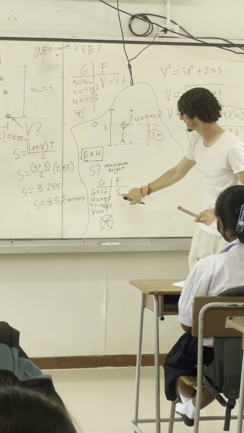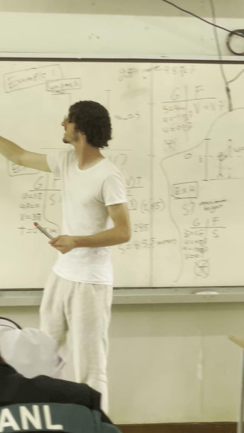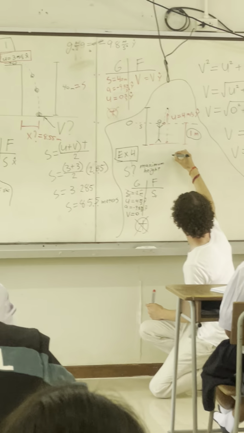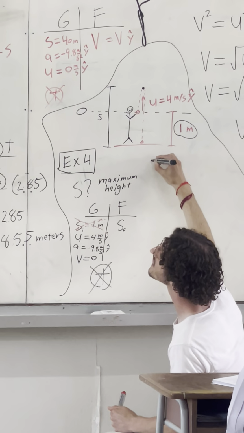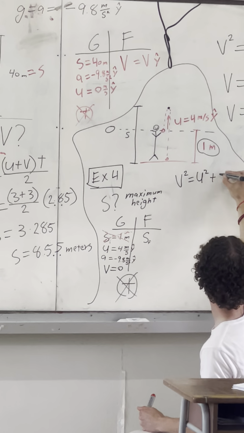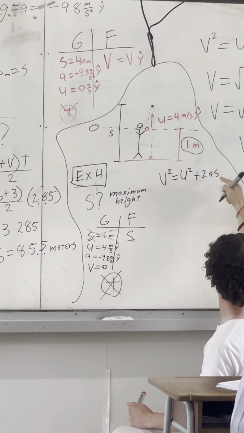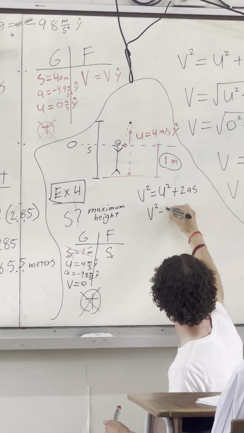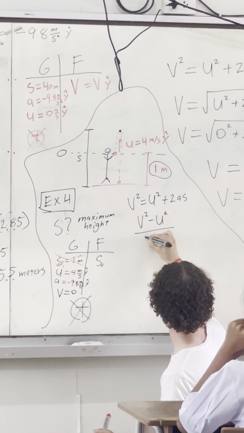And we're trying to find S. So first, solve for S. We have v squared equals u squared plus 2aS. I'm going to solve for the S. So we have v squared minus u squared over 2a.